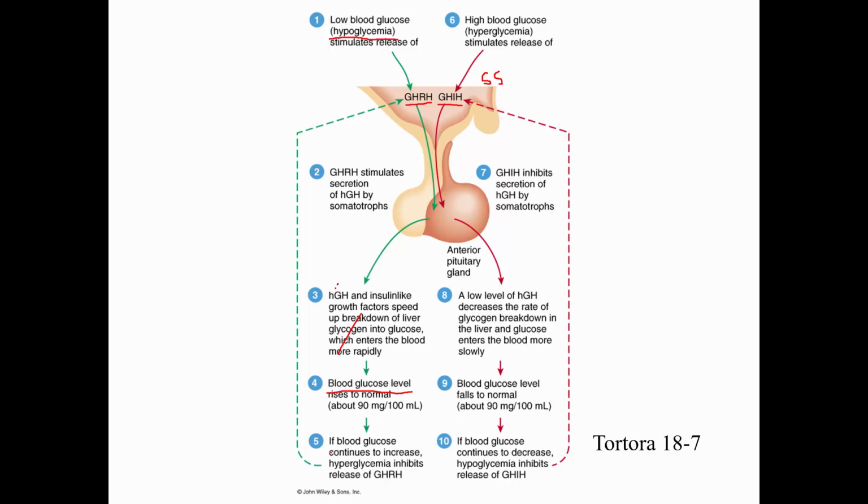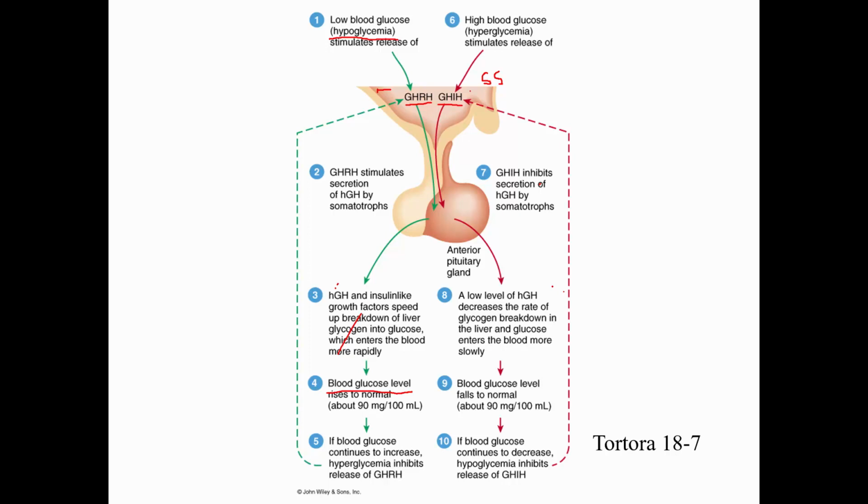If blood glucose level continues to go up, then that high blood glucose level is going to inhibit growth hormone releasing hormone and stimulate growth hormone inhibiting hormone. Growth hormone inhibiting hormone would then inhibit human growth hormone and inhibit the production of IGF from the liver.